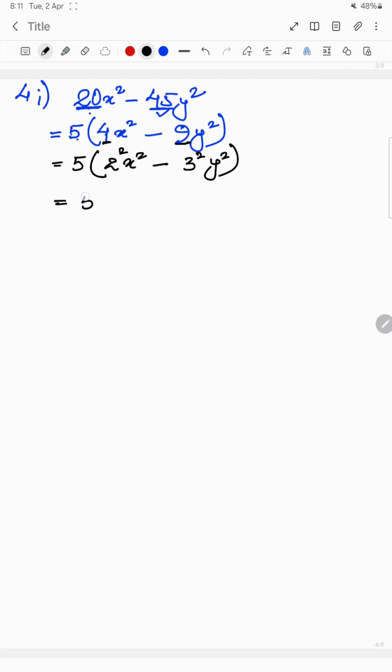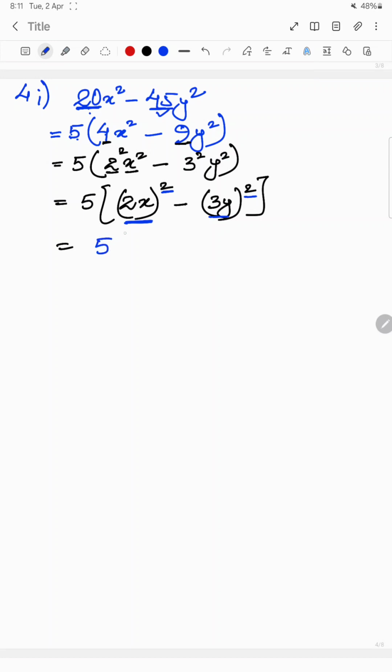So now you see that 2 and x both have common power, that is square. So I can write them together as a whole square, and 3y also as a whole square. So now you see that I have the form a square minus b square. So this is what we need, isn't it?